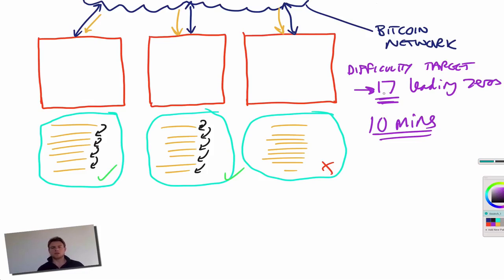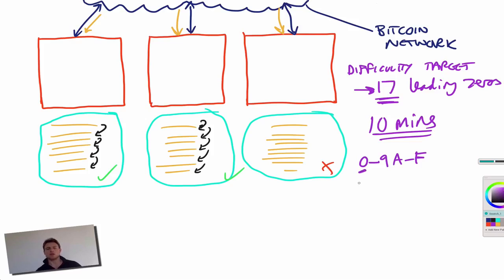If I said to somebody, keep trying the hashing algorithm until you find one leading zero, you basically have only 16 possible values, 0 to 9 and A to F. So the probability that you'll find a leading zero on your first attempt is 1 in 16.